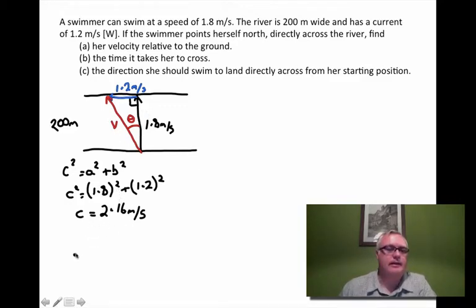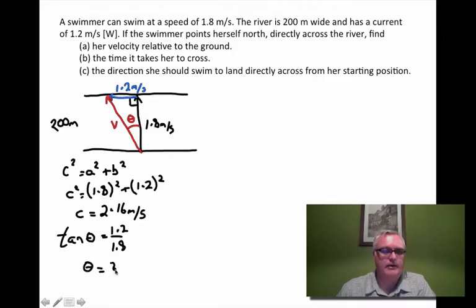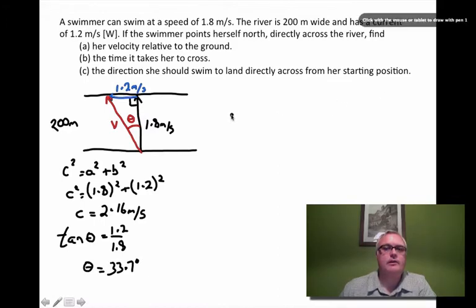Now to find the direction, again, it's quite straightforward. Tangent of that angle is the opposite side over the adjacent side. So that works out to be 33.7 degrees. So the velocity of that swimmer is 2.2 meters per second.